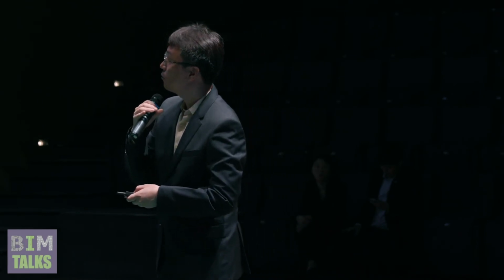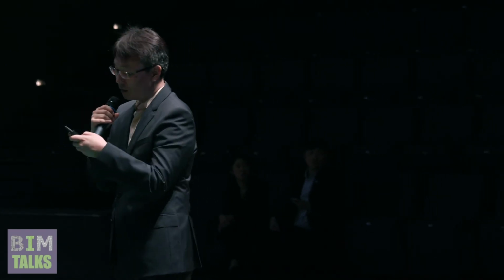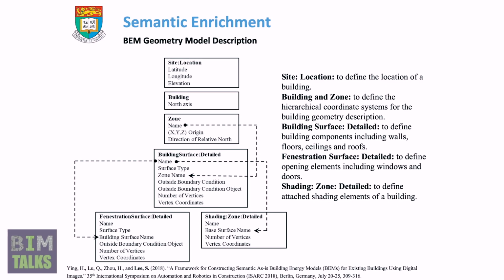So once we have the IFC model, then we need to make this model a proper BIM model, particularly for the energy analysis. In order to put this model in energy simulation tools, these are the input structures we need to satisfy.